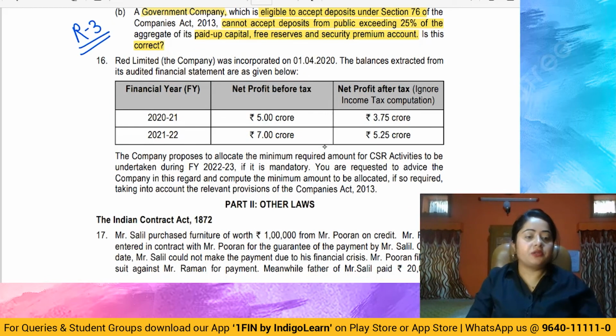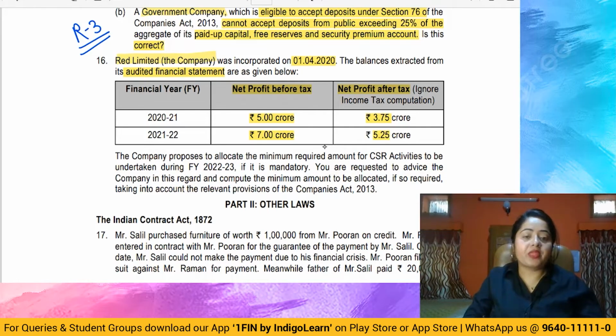Okay, moving on. Red Limited, the company, was incorporated on the 1st April 2020. The balances extracted from the audited financial statements are given below. The net profit before tax is given and net profit after tax is given. 2021, 21-22: 5 crore, 3.75, 7 crore, 5.25 crores.